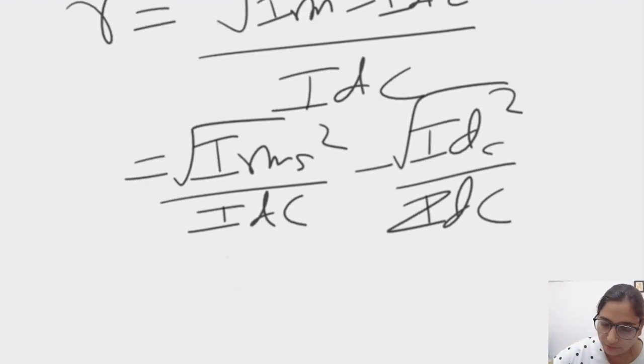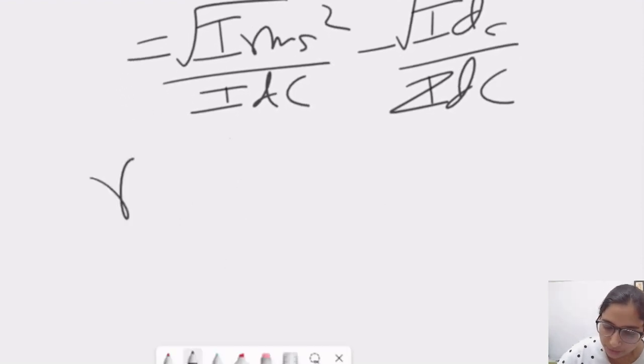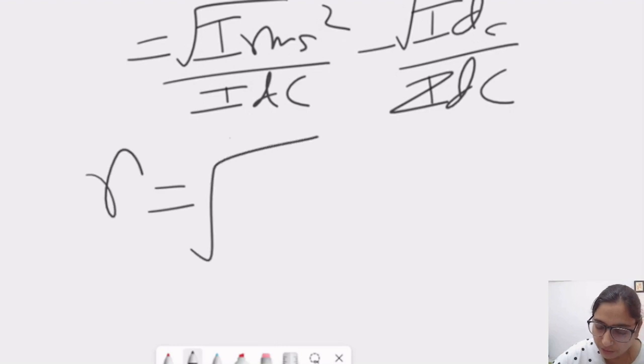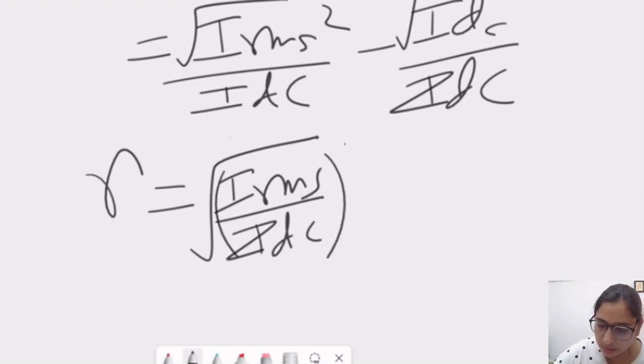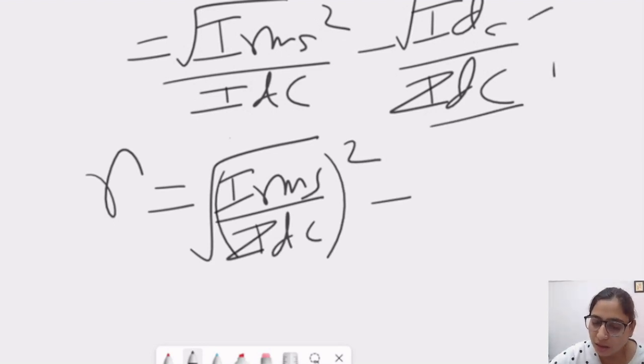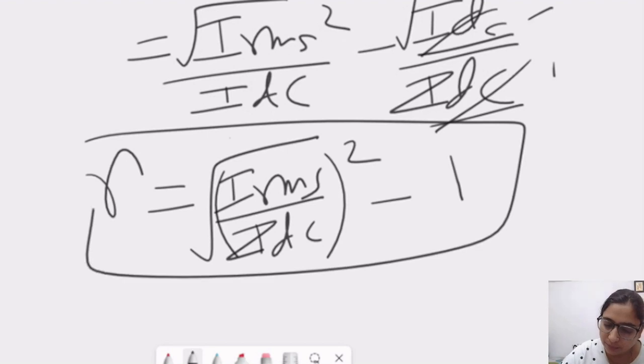So in the final, what will the ripple factor be? If we consider the under root on both sides, it will be IRMS over IDC whole square, and this will cancel out, because this is IDC squared under a square root, so the IDC terms cancel out. So this is the ripple factor finally.